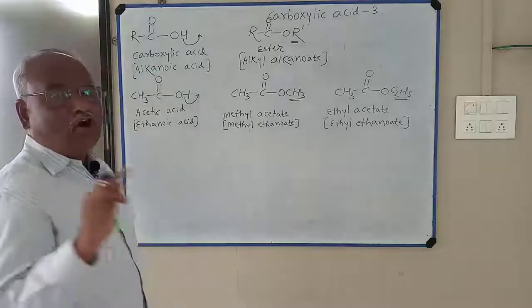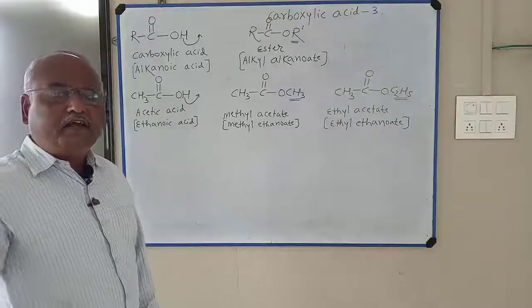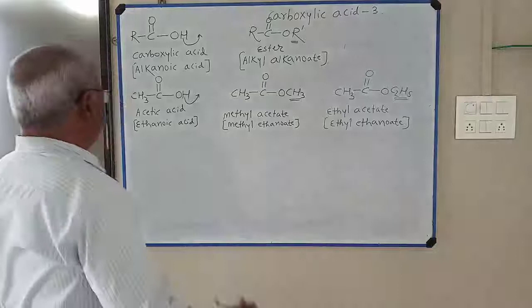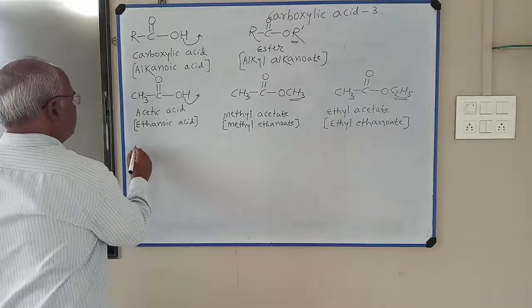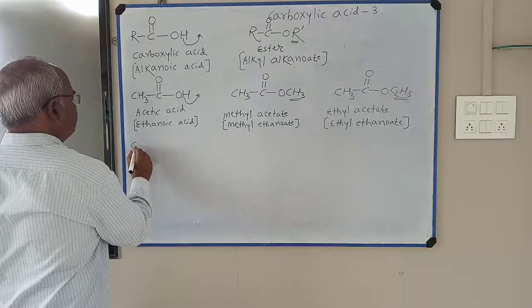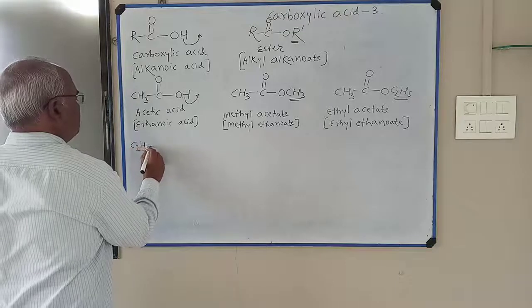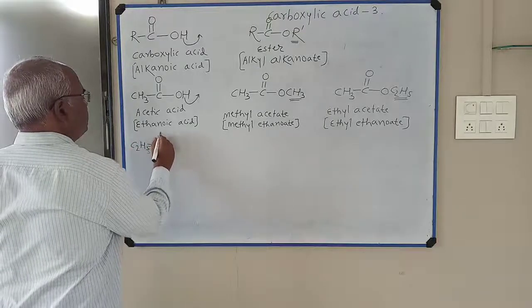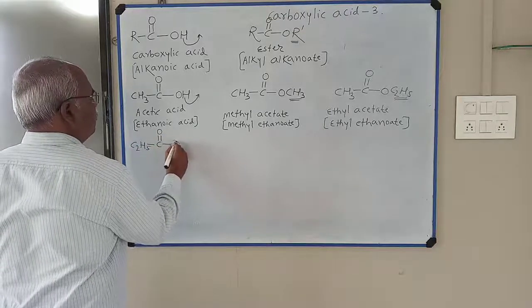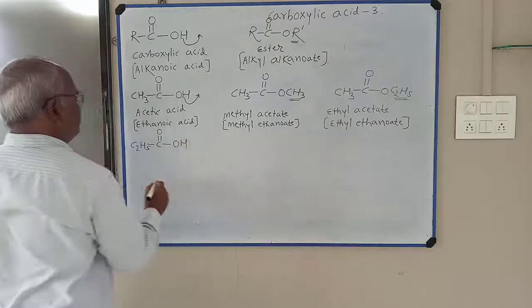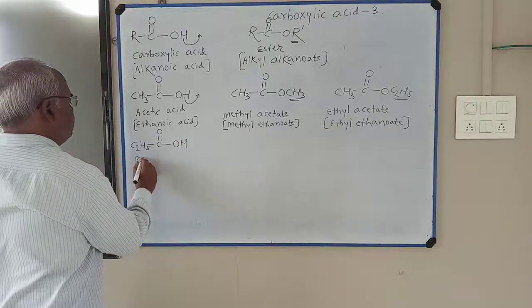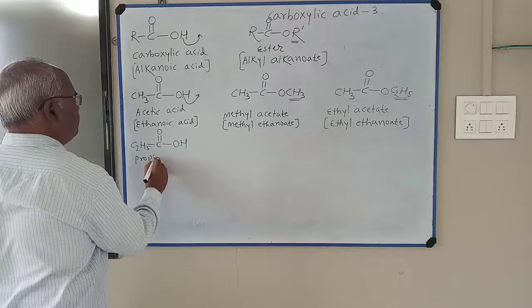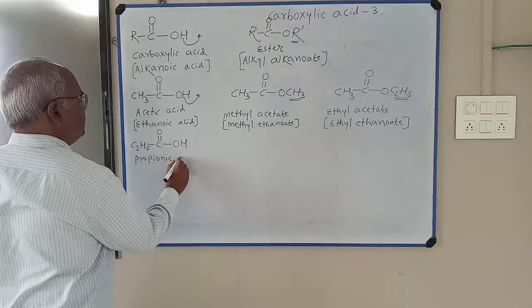If it is not clear, I take one more example. I write here C2H5 single bond C double bond OH. This is propionic acid.